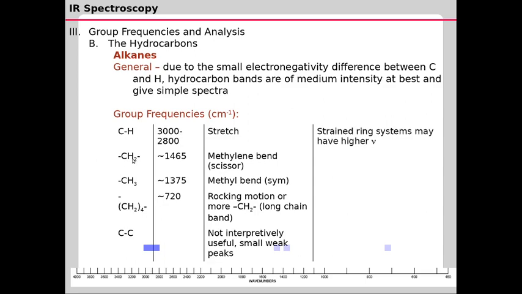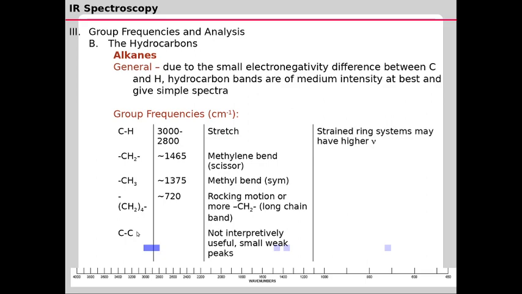For methylene type vibrations, CH2 vibrations, the methylene bending vibration or scissoring vibration appears at a frequency of 1465 centimeter inverse, whereas the CH3 bending vibration, the methyl symmetric bending vibration, appears at around 1375 centimeter inverse. And the rocking motion of four or more CH2 bonds, such as the one here, appears at around 720 centimeter inverse in the case of long chain alkanes.